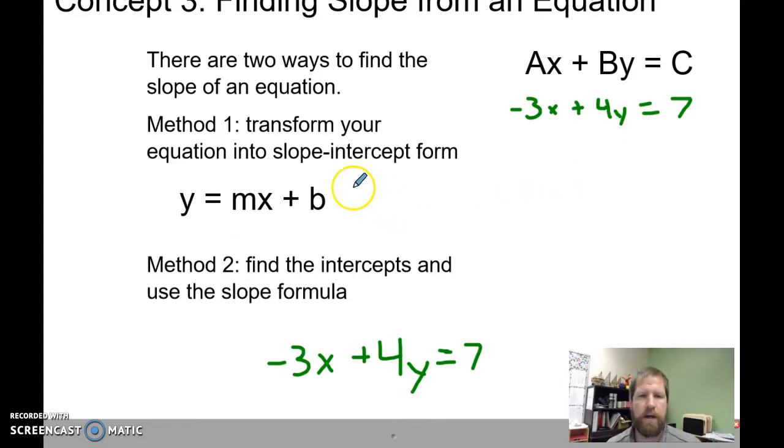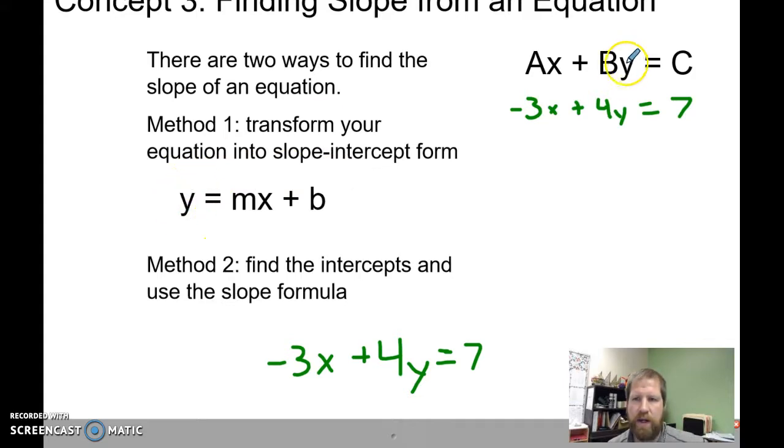Method 1: transforming your equation so that instead of being in standard form, ax plus by equals c, it is in slope-intercept form. The difference is that in slope-intercept form, you have your y by itself.